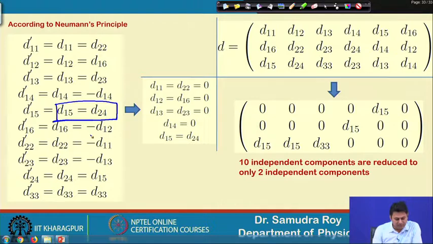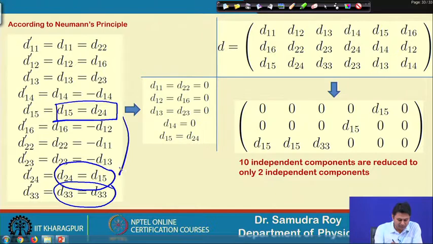So that means D15 and D24 are the same for this symmetry operation. Apart from that, there is another equation which is consistent, that D33 is D33, that is fine, no problem in that. So we have almost all the equations in our hand. Here also we have D24 and D15. These two equations suggest we can't find any explicit value of D15. We just have a relationship, and this relationship suggests that D15 and D24 are the same.